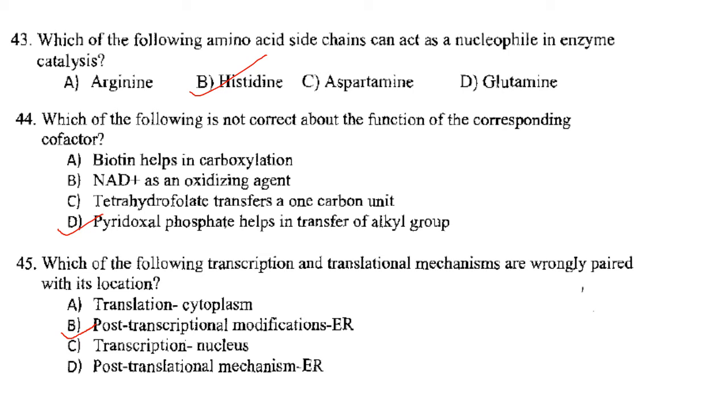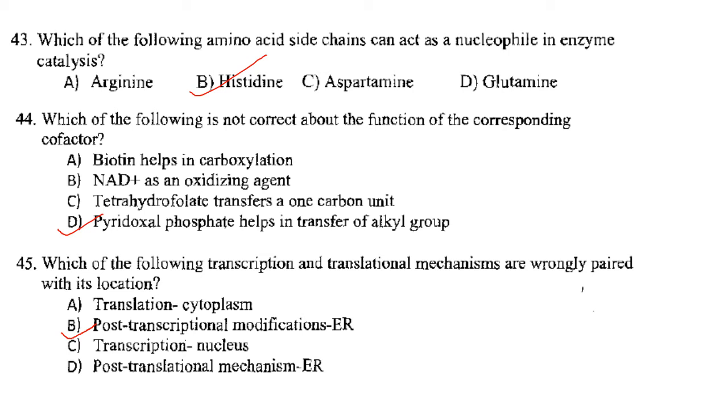Then next one. Which of the following transcription and translational mechanisms are wrongly paired with its location? Translation takes place in the cytoplasm. Post-transcriptional modification, endoplasmic reticulum. Post-transcriptional modification of pre-mRNA such as capping, splicing, polyadenylation takes place in the nucleus, not in the endoplasmic reticulum.